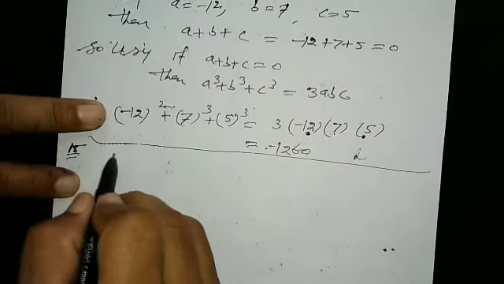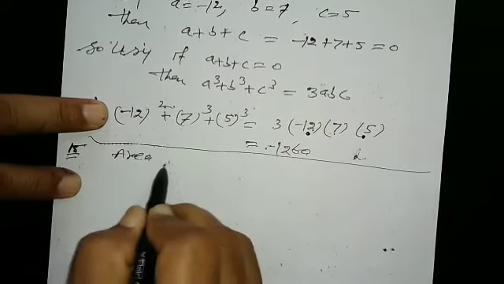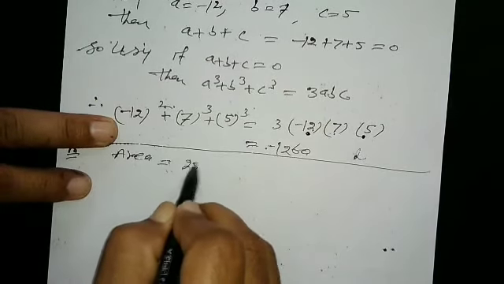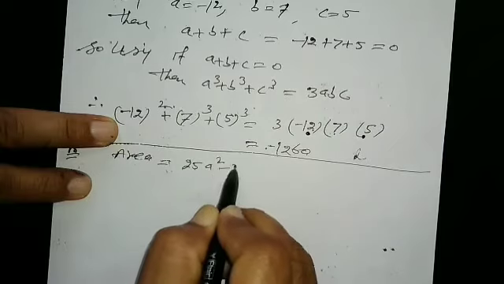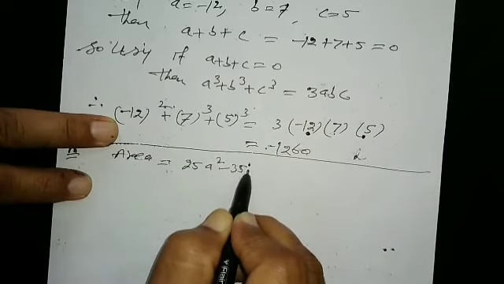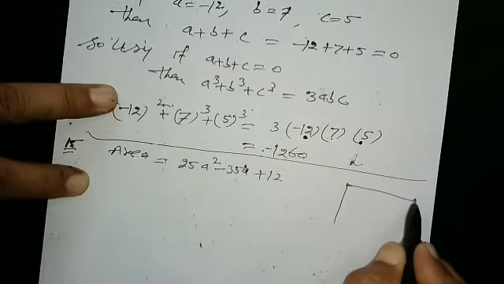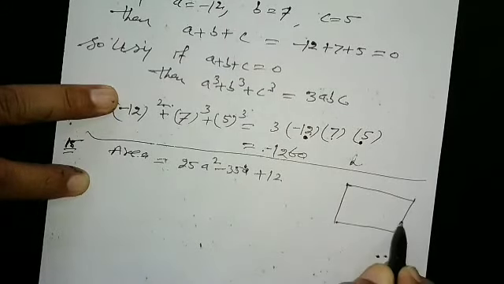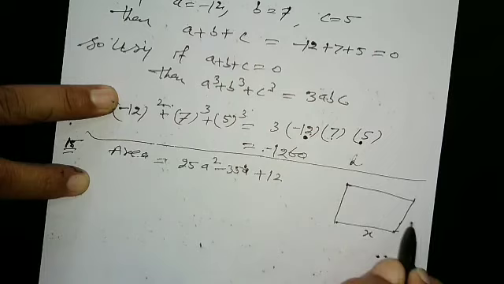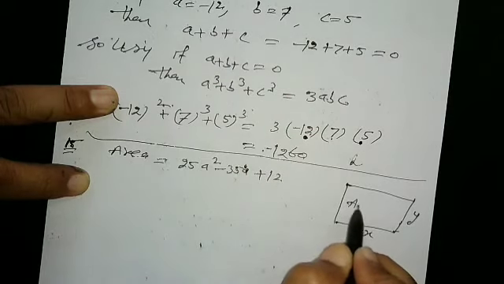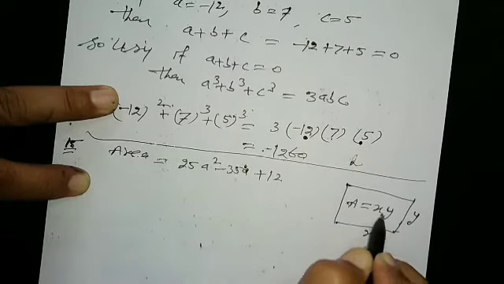Give possible expression for the length and breadth of, that is question number 15th. We have given the area of a rectangle, that is 25a square minus 35a plus 12. If we have a rectangle like this, if this is x, this is y, then area equal to x into y.